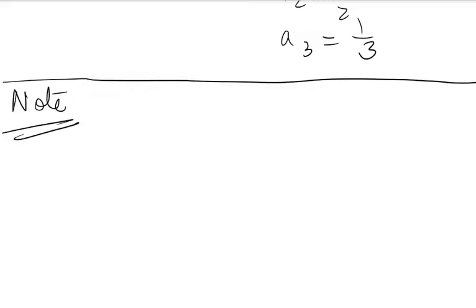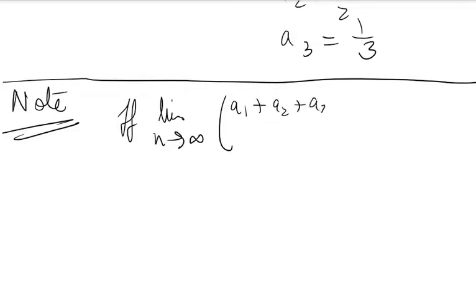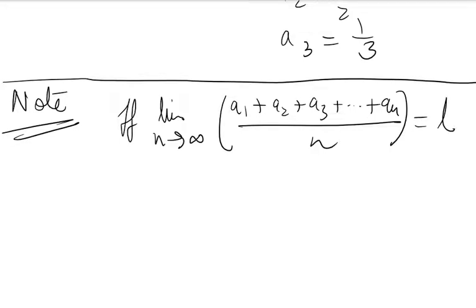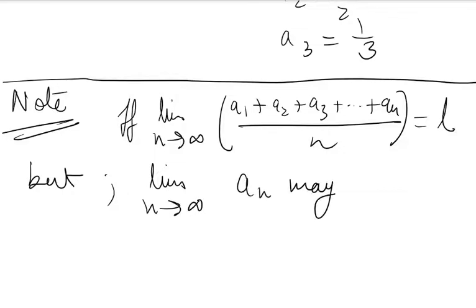It may happen that limit n tends to infinity of (a_1 plus a_2 plus a_3 plus dot dot dot right until a_n) divided by n is equal to some limit L, but limit n tends to infinity a_n may not be L.